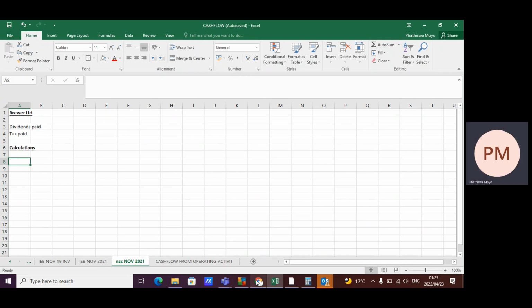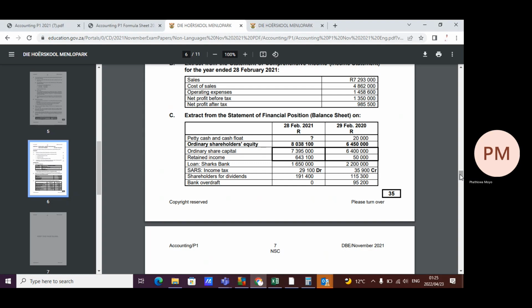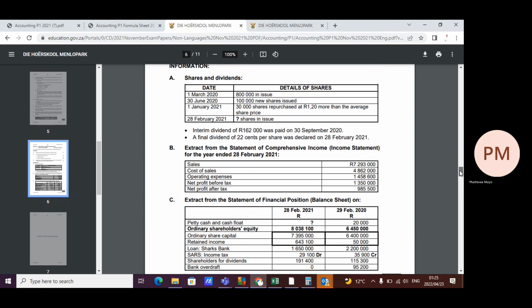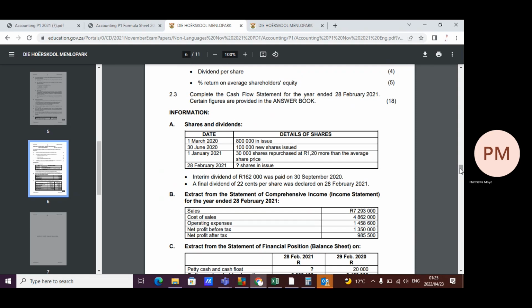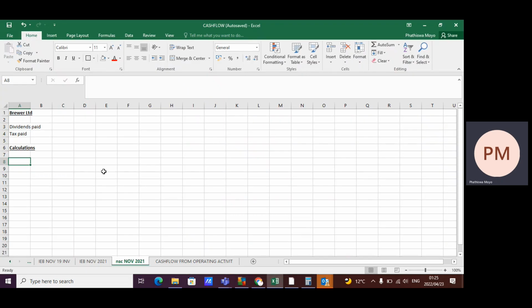So let's see dividends. They've given us shareholders for dividends. Do we have any adjustments? Actually, no. The first thing we need to calculate is the final dividend declared. They've not given us the shares issued at the end, so we need to calculate it. I'll give you the formula now.